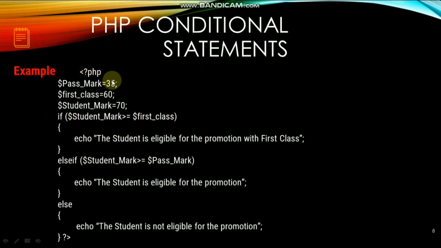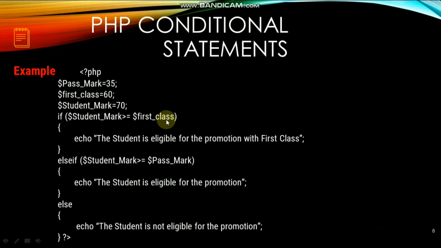So the example is, see here, pass mark is equal to 35, first class mark is equal to 60, and the student mark is equal to 70. So the only thing is I have added another variable and value. Now I am checking the first condition. Student mark is 70, 70 is greater than or equal to first class 60.